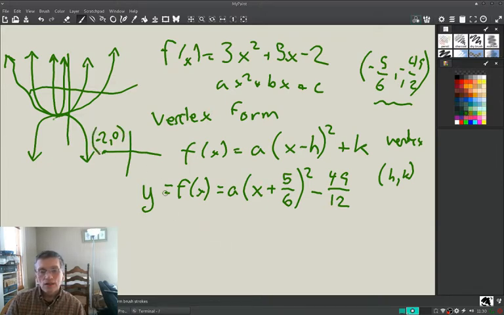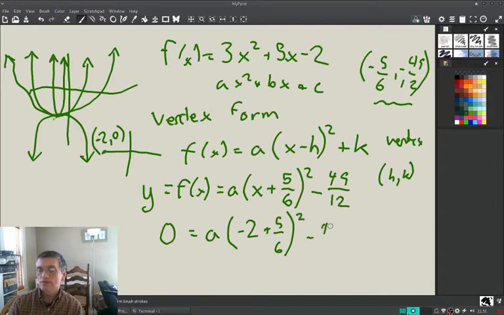So that means that at that point, y equals 0 when x is minus 2, so it's a times minus 2 plus 5 over 6, squared, minus 49 over 12. I'm a little worried that I picked a difficult number. Let's see. Minus 2 is minus 12 over 6 plus 5 over 6. Gives you minus 7 over 6.